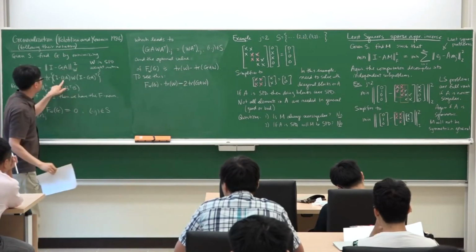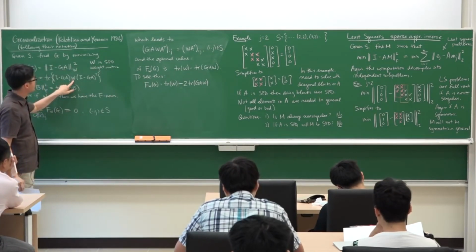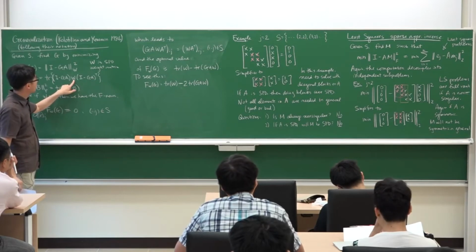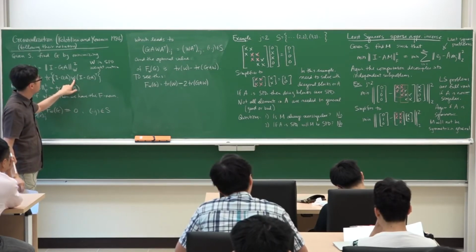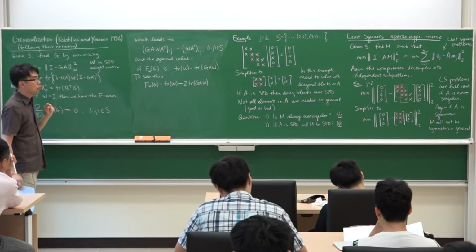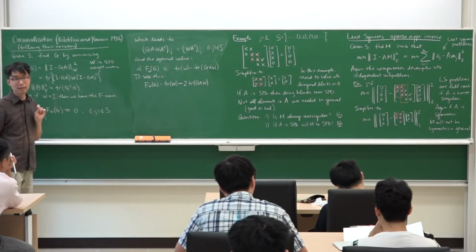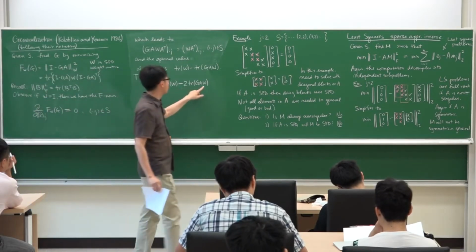So there's a term in here, GAW, and there's also a term here, WA transpose G transpose, but the traces of those two things are the same. So that's why we have 2 times the trace of that.